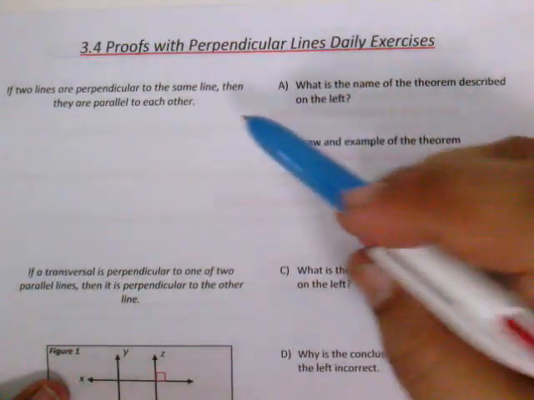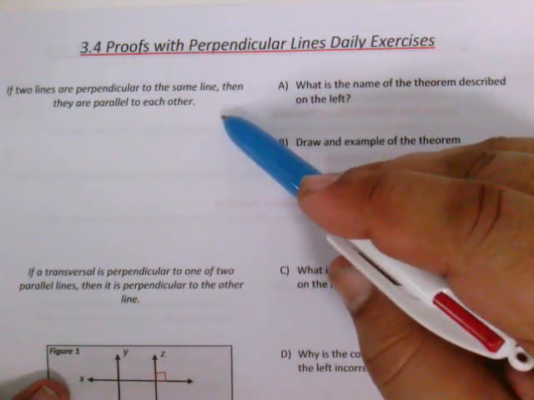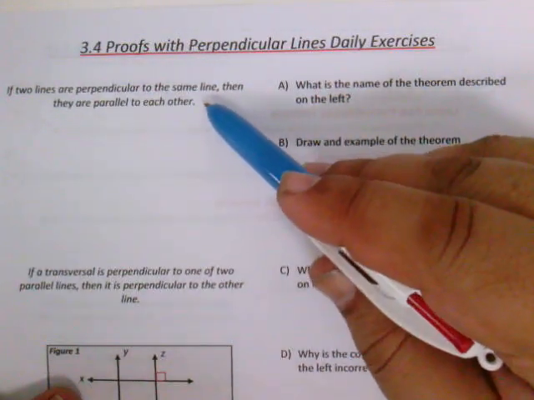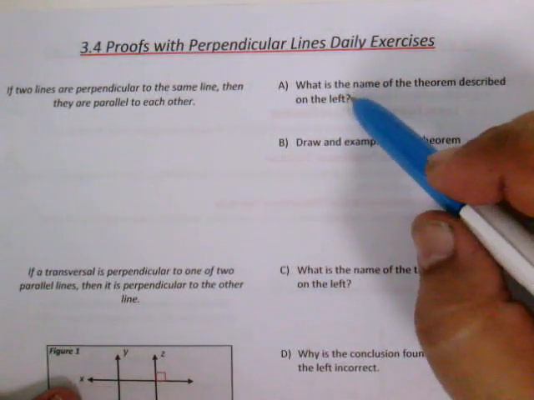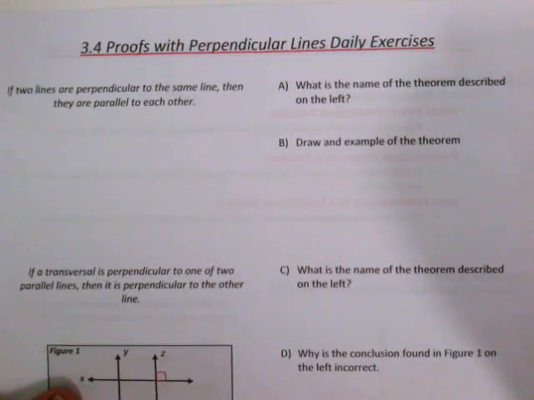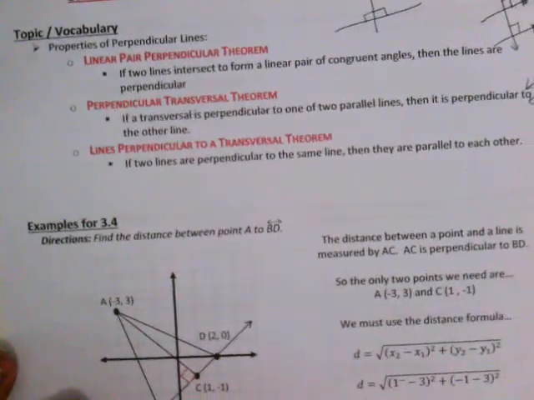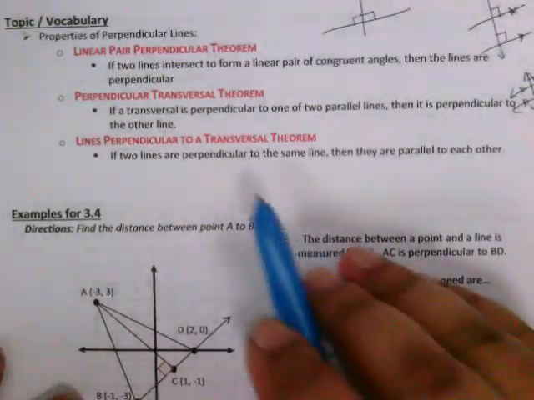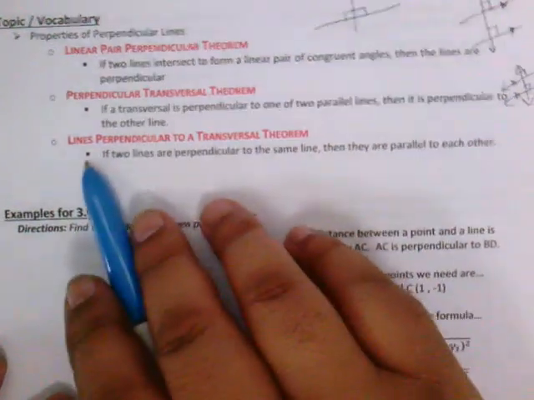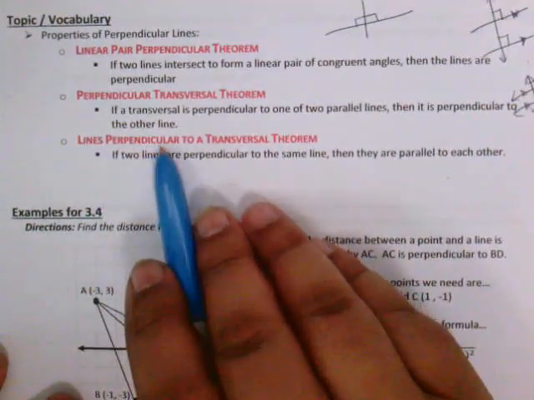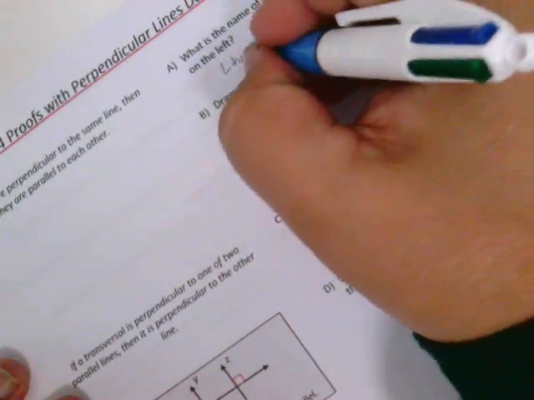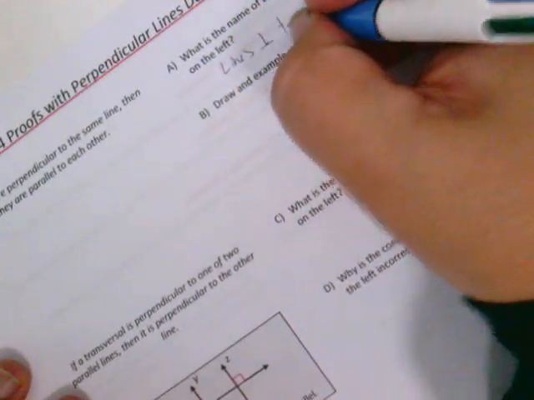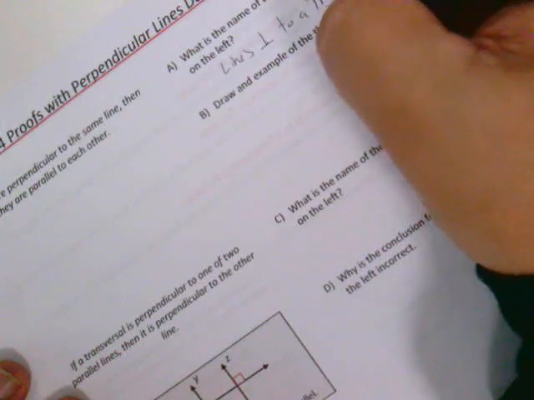Consider, if two lines were perpendicular to the same line, then they are parallel to each other. Okay, what is the name of the theorem I just said? Two lines, we go back to the front, two lines that are perpendicular to the same line. That's the theorem called lines perpendicular to a transversal.